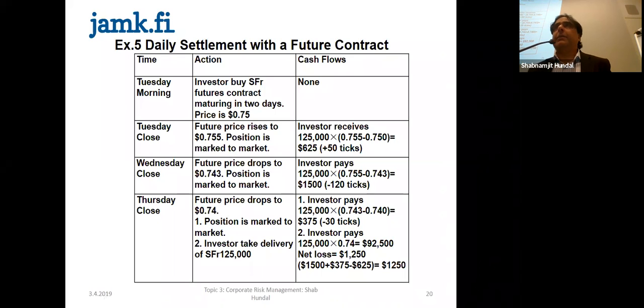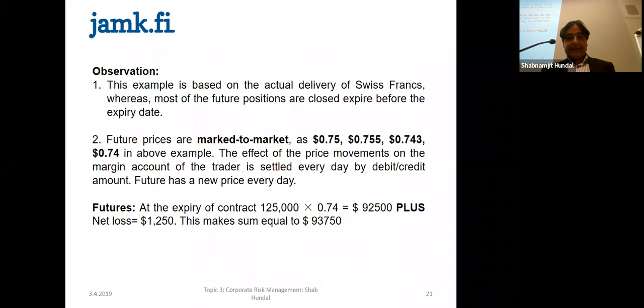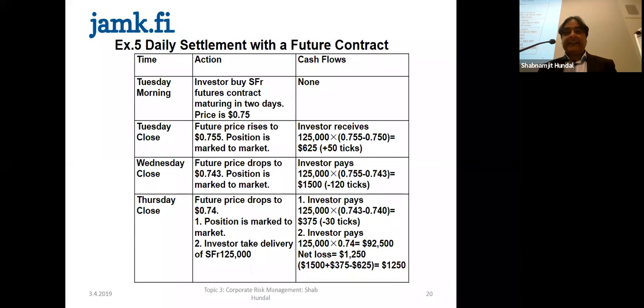One thing I forgot to mention, that we use a phrase called marked to market. Can you see your phrase here? It means that the market is marking you every day. When I say that you got 50 ticks on the first day, you lost 120 ticks on the second day, you lost 30 ticks on the third day, it means the market is marking you.